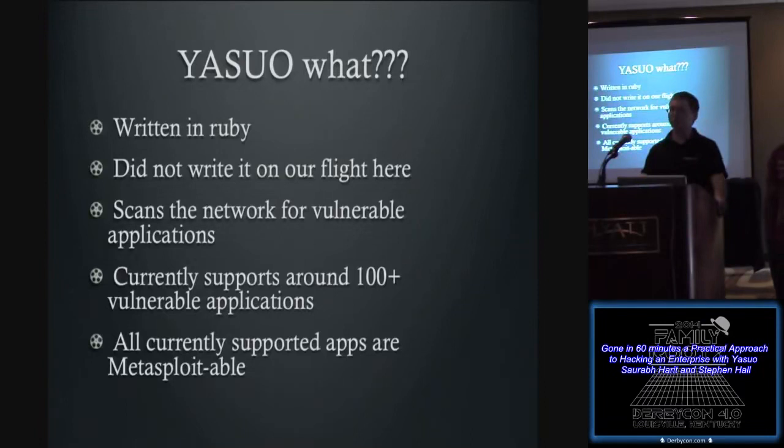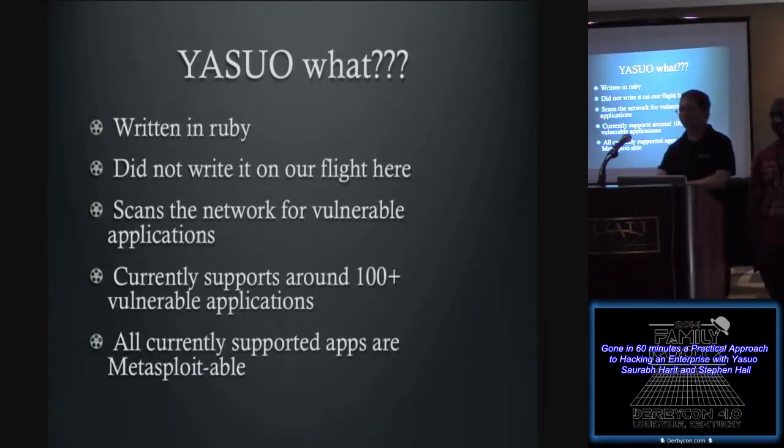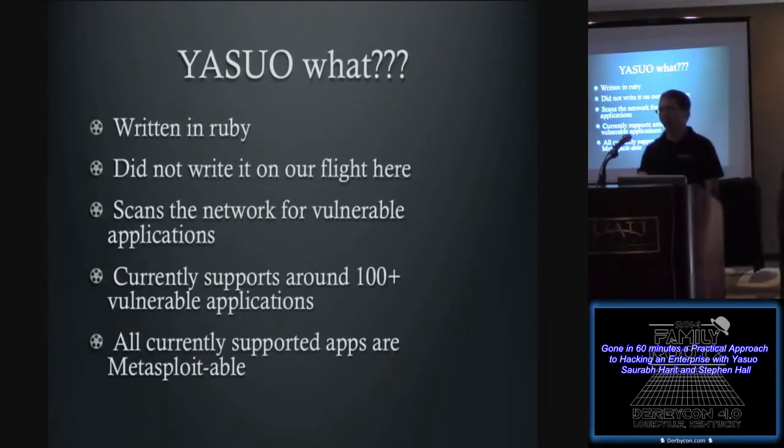We look for applications that have known issues and exploits. We support most, if not all, of the web application stuff from Metasploit. So we scan for URLs that show that these applications exist on this server, which gives you a starting point for where you want to look.